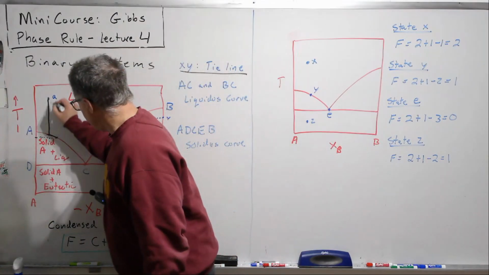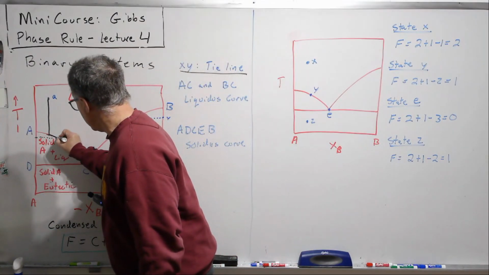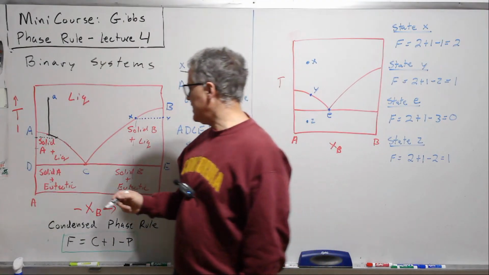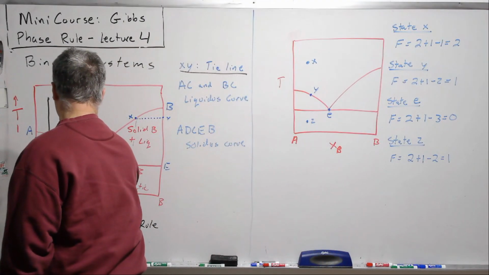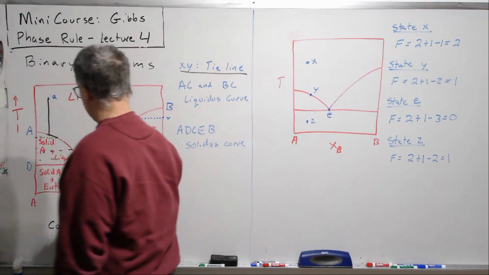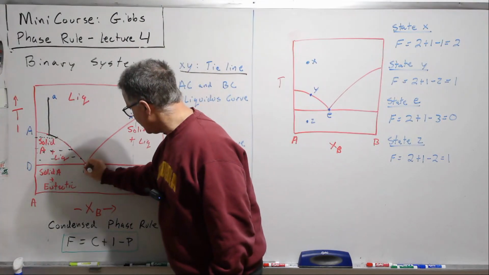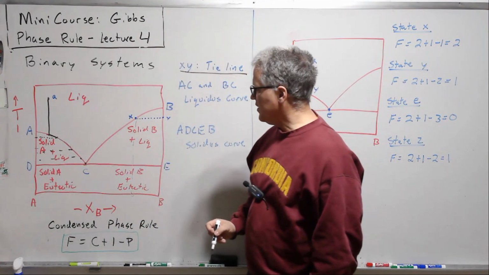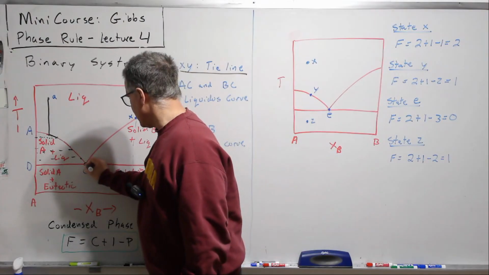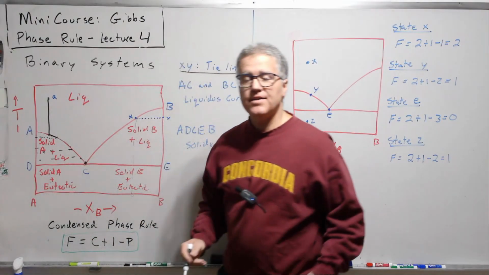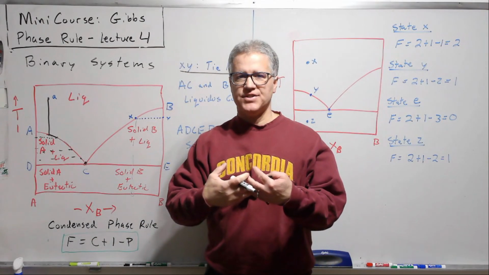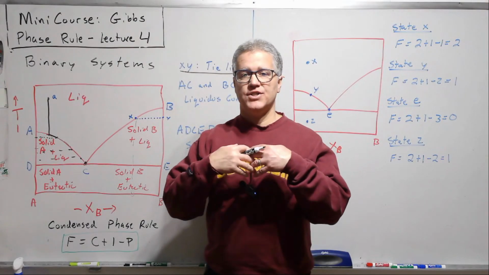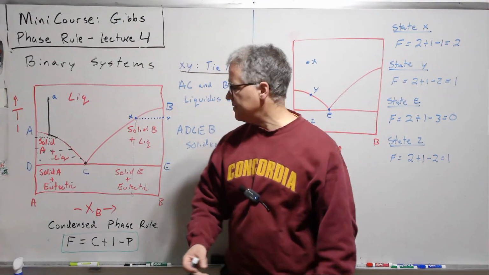So here, coming on this side, we'll continue to lower the temperature, right? That's going to drop out more and more A, and this tie line just keeps going across until we reach this very special point, this temperature called the eutectic temperature, and this point is called the eutectic point, where the solution behaves as if it's a single homogeneous, single species liquid, and it will just freeze at that concentration.